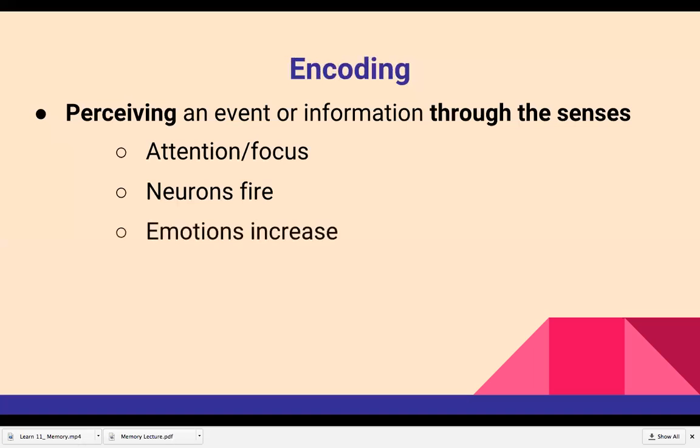Also during encoding, our emotions increase. And as our emotions increase, more neurons fire. If we really want to get our neurons firing so that information is starting to float around and we really want to learn something, we just have to increase our emotions. Now, this doesn't mean stress or overwhelm.